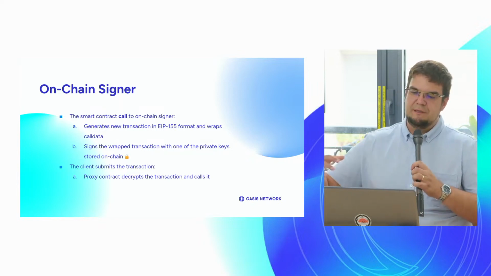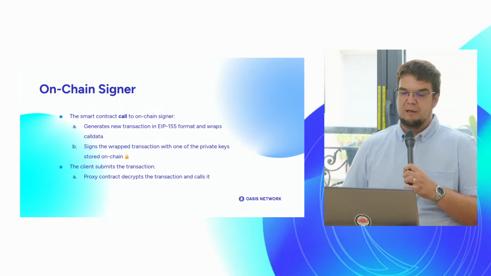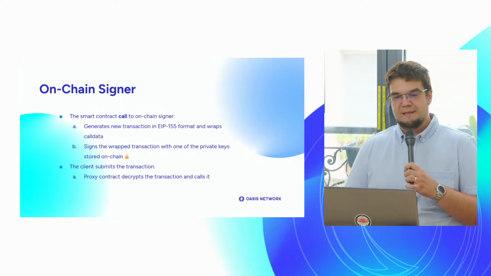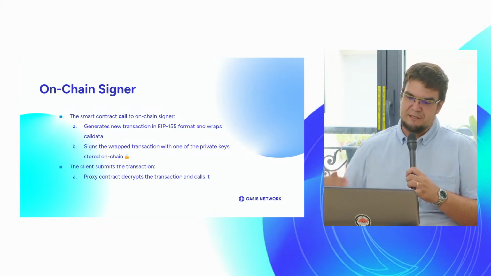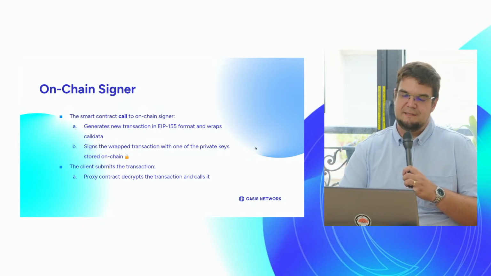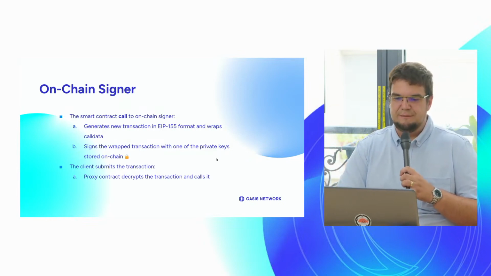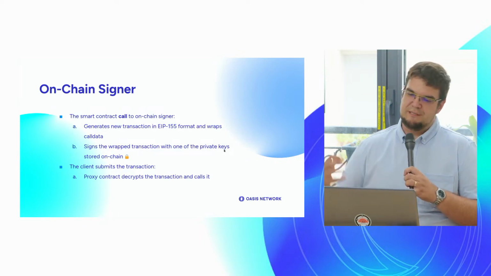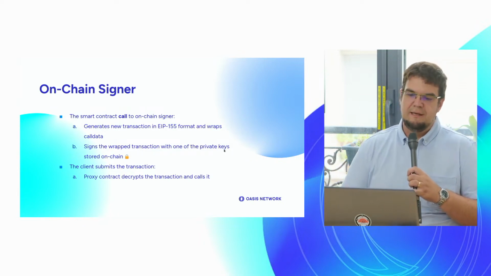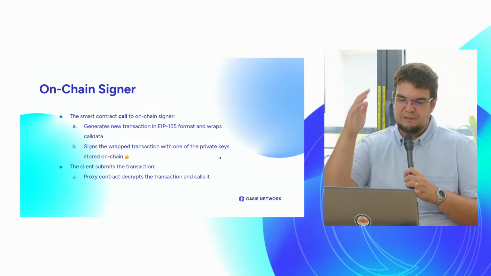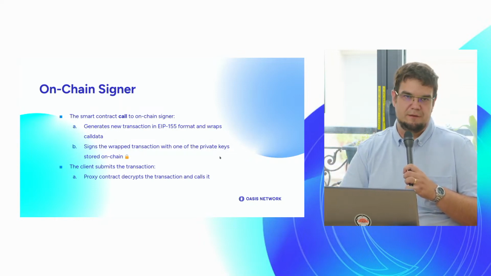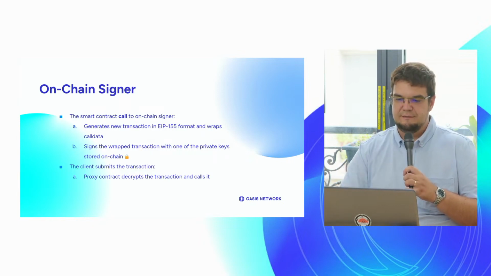It is wrapped with another transaction signed by someone that has gas, and those keys are also stored inside this gasless voting contract, for example. And then this wrapped transaction is returned back to the client, and the client then simply broadcasts the transaction, and if everything goes well, the vote is then accepted.